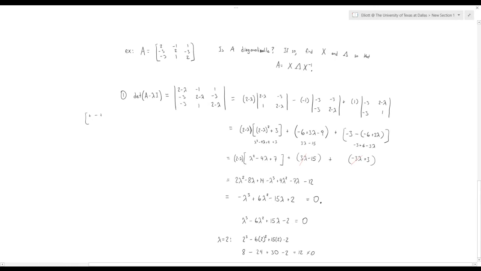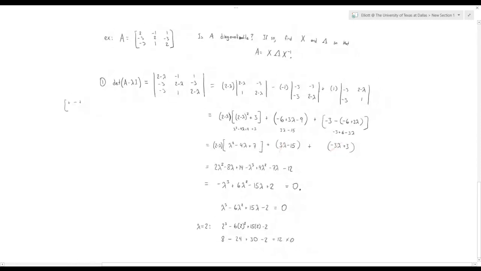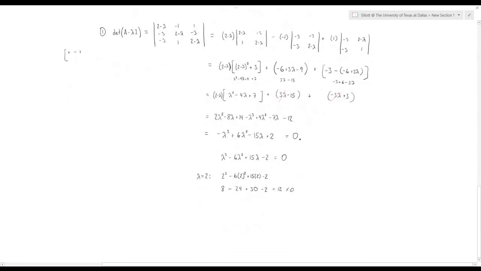I have a sense that I miscopied the final result, and I don't remember what it was. Normally, in a situation like this, which can happen, it's not necessarily the case that this will always be easy to factor, what I tend to do is guess one of the roots.